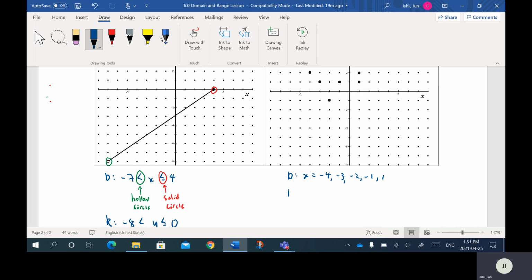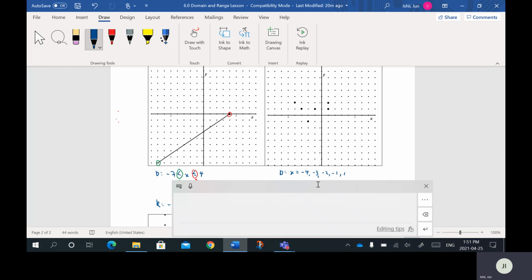So likewise, for the range, they're just points, so I'm just going to write y equals. Going from down to up, the first one here is -1. Then these 3 points share the same y value, but I'm only going to write it once. So then we have 1 for these 3 points, and then these 2 points share the same y value.